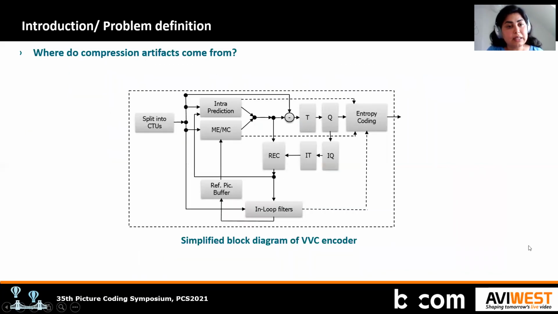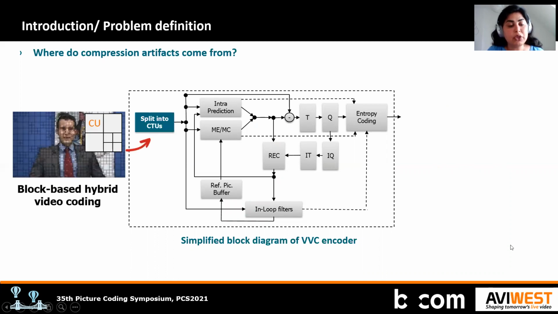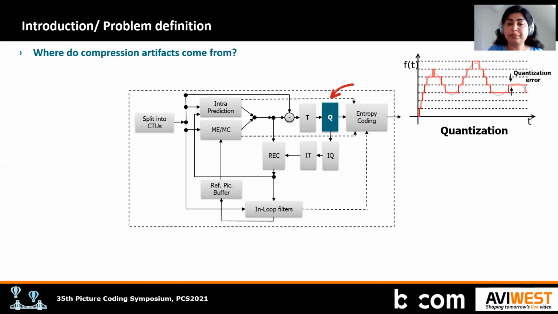So where exactly are these compression artifacts coming from? Here you see a simplified block diagram of VVC encoder. The block-based hybrid video coding, which has widely been used in recent video codecs, introduced some discontinuities in block boundaries and caused the blocking artifacts. The other source is the quantization.